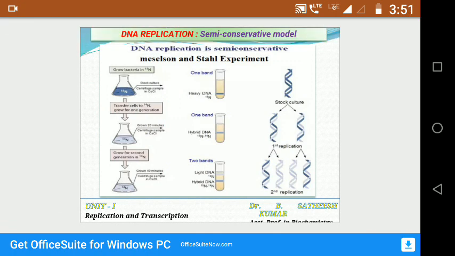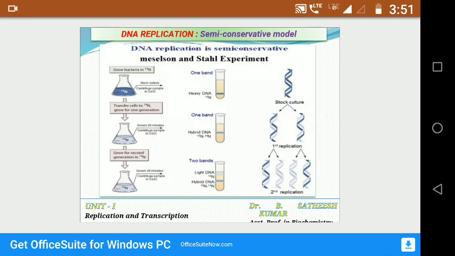Here we have mentioned that the DNA replication process is a semi-conservative model. Semi means half, conservative means conserved. That means each and every daughter cell will have one old and one new. That is what semi-conservative model means.